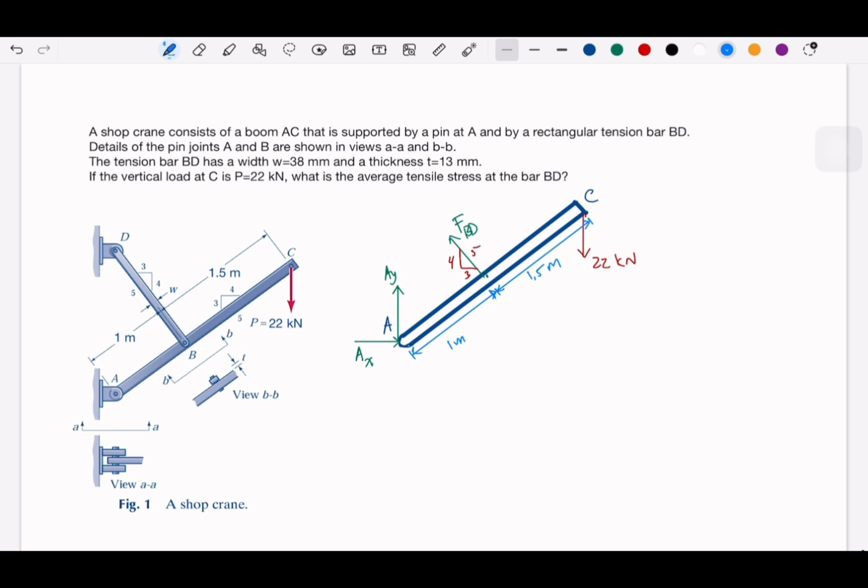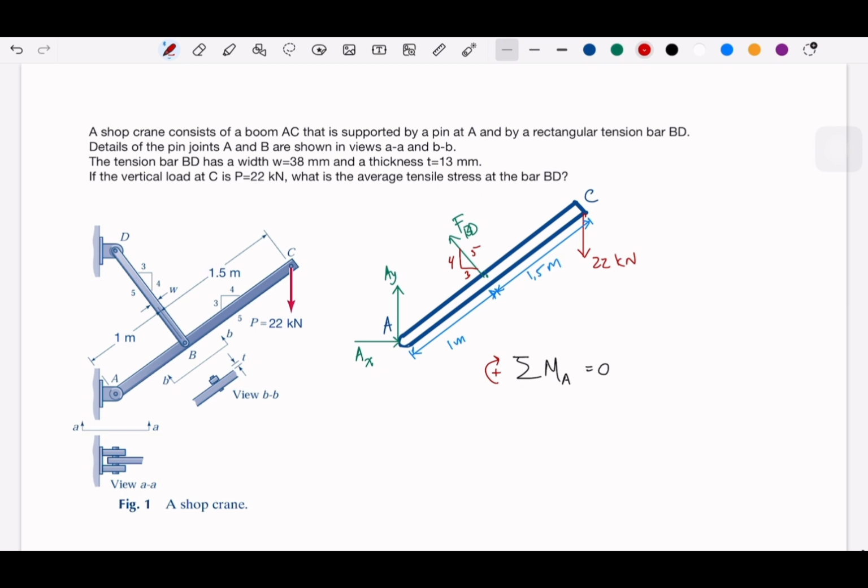So let's do that and write down sigma M at A equals 0, and usually we establish that the rotation here is positive. Actually, if you make your own rule, it's okay. For example, if you say rotation to the left is positive, it's also okay, as long as your rule is consistent through the process.